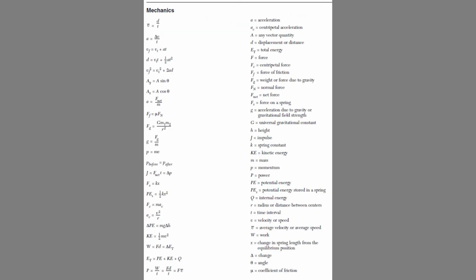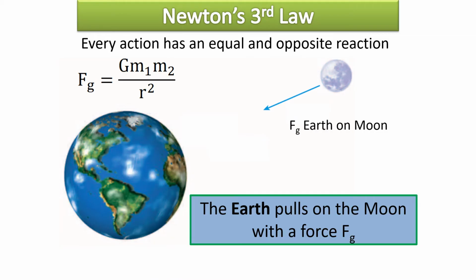And then the gravitation formula is right here. Don't get it confused with this one that's right below it. Sometimes you'll have to use one, sometimes you'll use the other. Remember, this is showing you the gravitational field strength, and this is showing you the force due to gravity between two objects, if you know what their masses are and the distance between them.